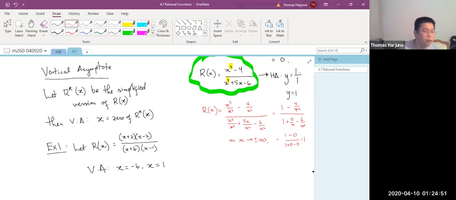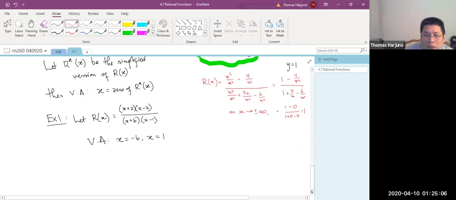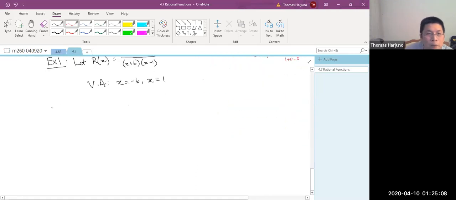I think if you look at other textbooks, I am basically the only one who introduced this idea of a simplified version. But why do I want to introduce this? Because of the following. Let's take a look at example 2.